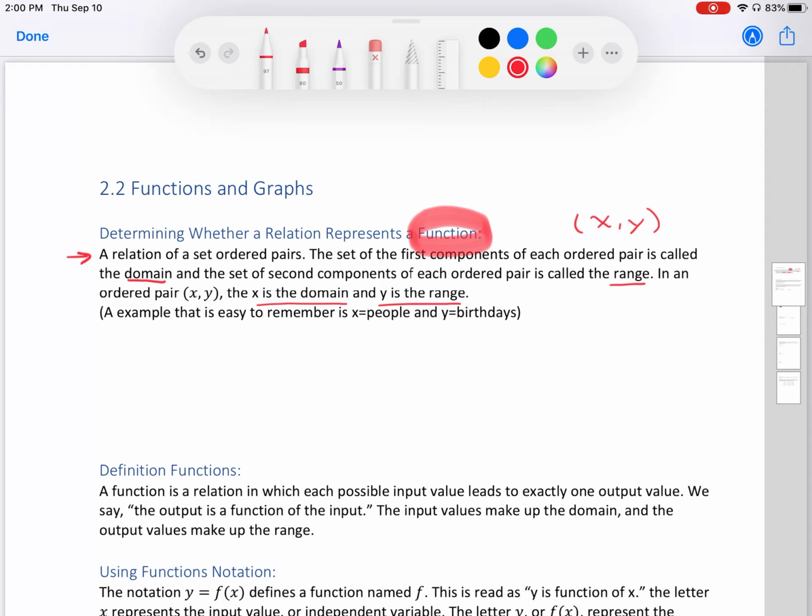So let me try to explain it using this analogy. Let's say these circles are all of your x's that you can have and all of your y's. A relationship that I think helps keep track of this is people and birthdays.